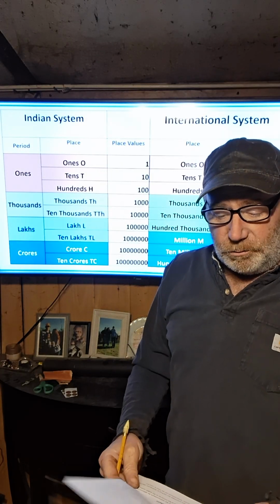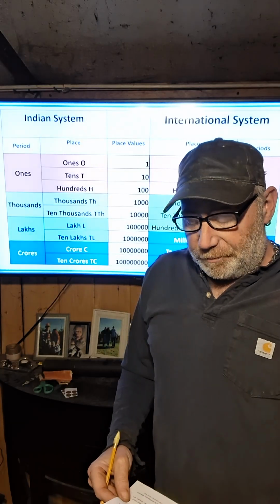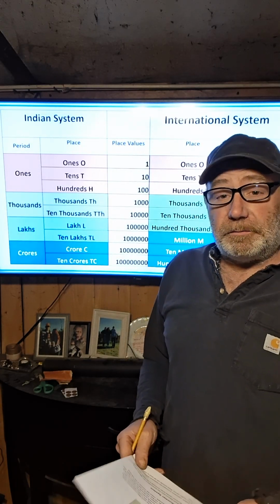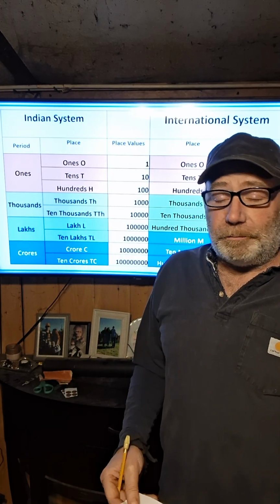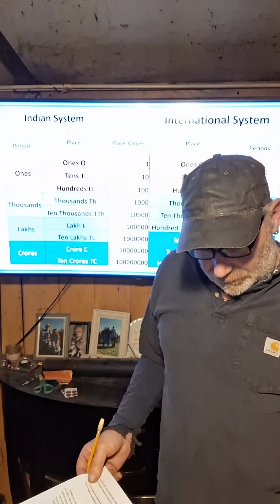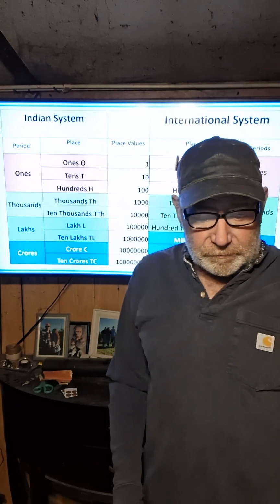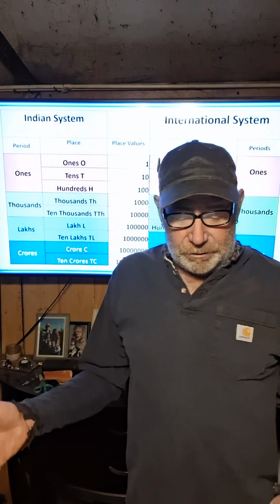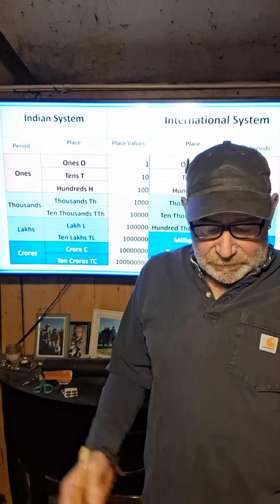With the Indian numeral system, they were one of the first people to incorporate the zero in the numbers that they're using, holding places, so that as you counted things for business, commerce, science, the place values could be used, representing a number in the system.